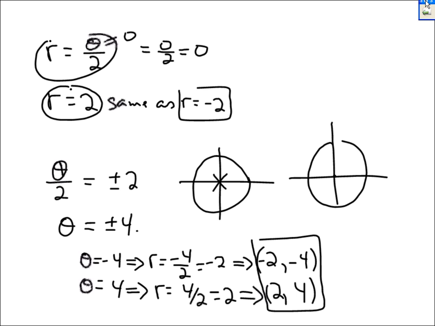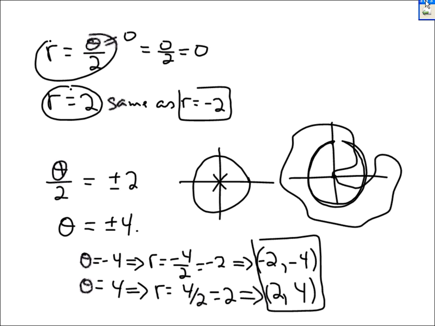It crosses 0, 0. But the other graph does not. R equals 2 or negative 2. It doesn't cross. Okay, so possibly a lot of people may say, oh, the answer is only 2, 4.